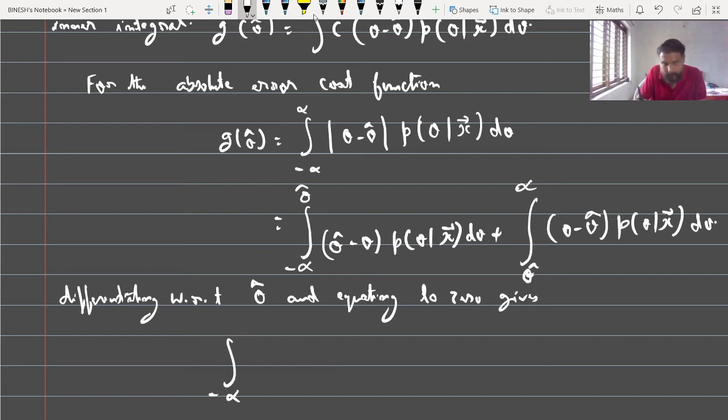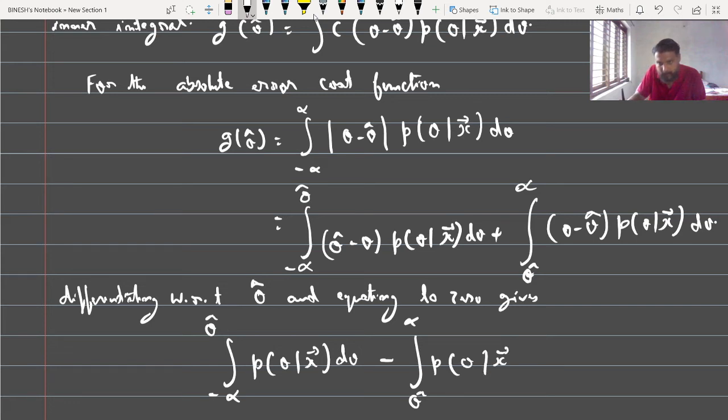The integral from minus infinity to theta cap of P of theta given x, d theta, minus the integral from theta cap to infinity of P of theta given x, d theta, equals 0. You just differentiate with respect to theta cap and equate to 0.